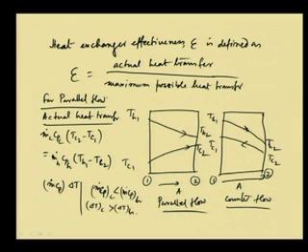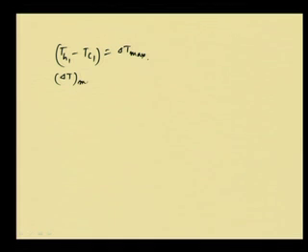So, Th1 minus Tc1 will be the delta T max, the maximum temperature difference, okay, and then delta T max into m dot Cp of the minimum fluid.